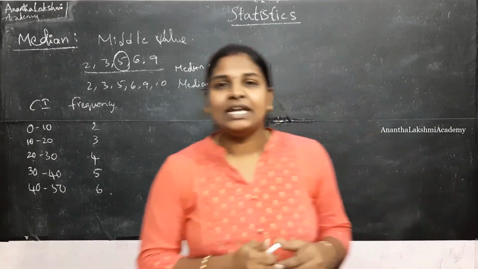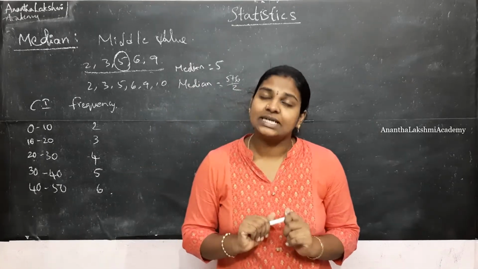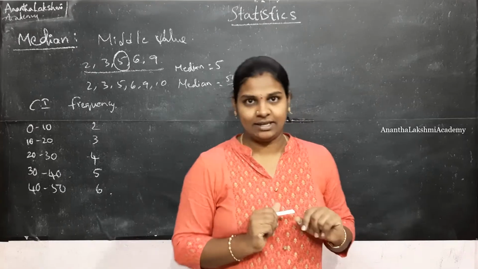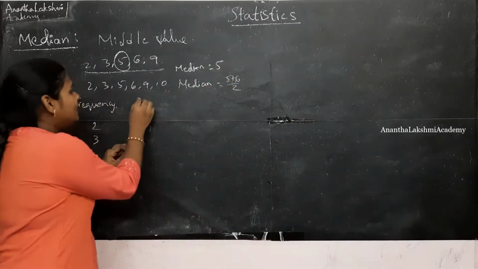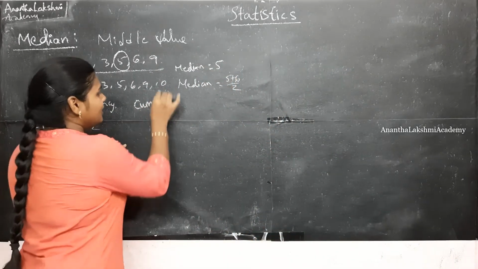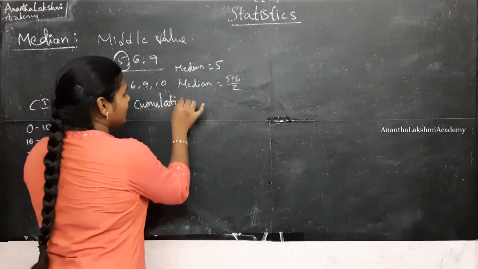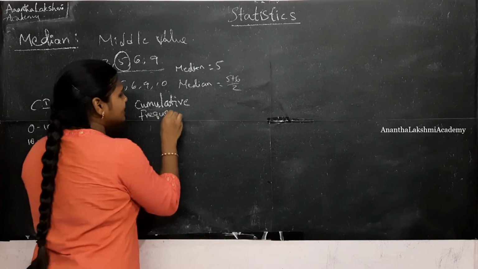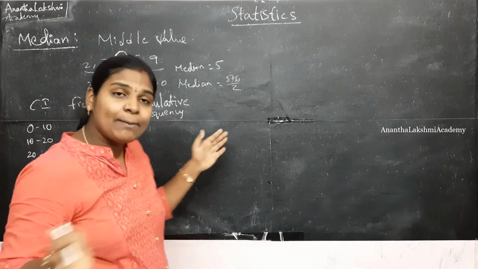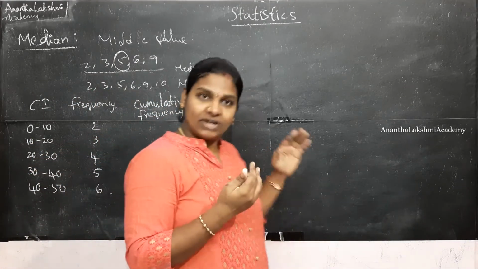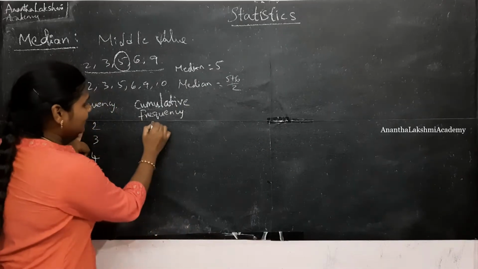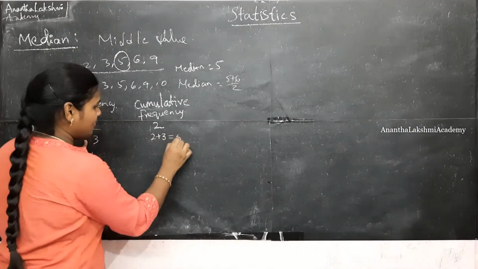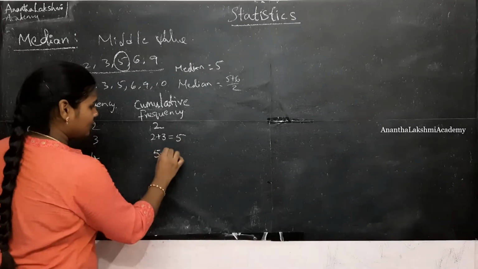For median we are going to introduce a new column called cumulative frequency. What is it? Cumulative frequency. Look at the spelling: C-U-M-U-L-A-T-I-V-E. What is cumulative frequency? It is nothing but summing up the frequency. How do we sum up? 2 plus 3 is equal to 5, 5 plus 4.